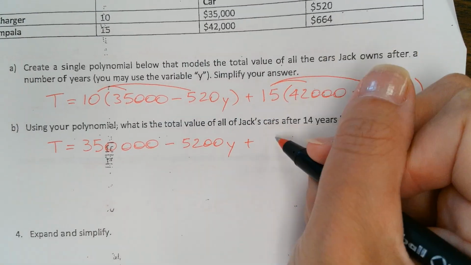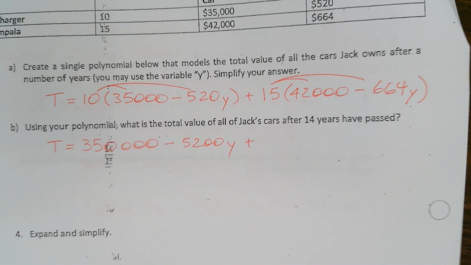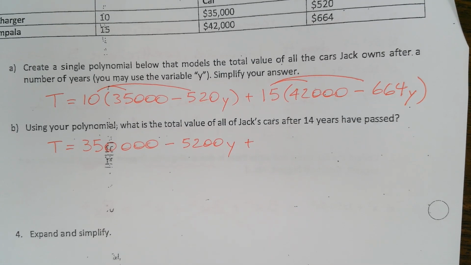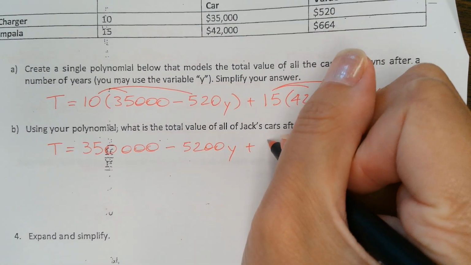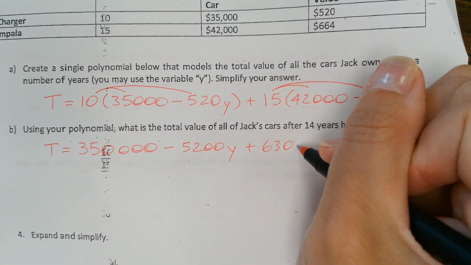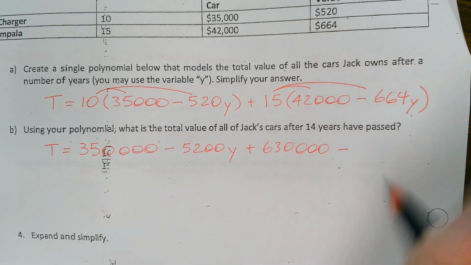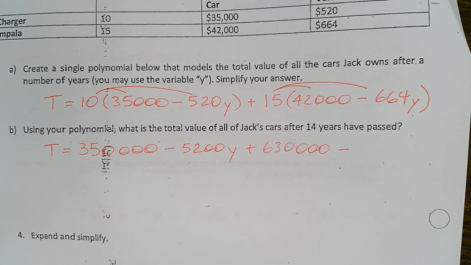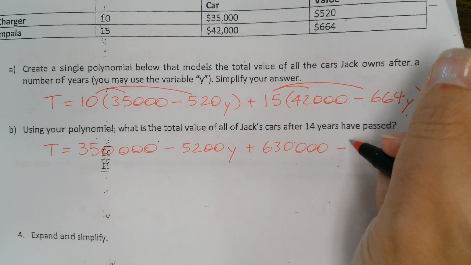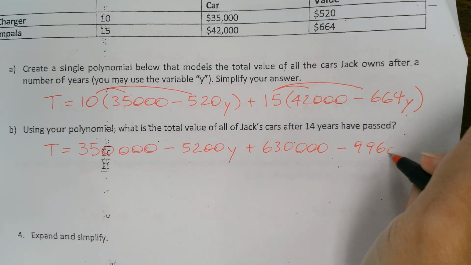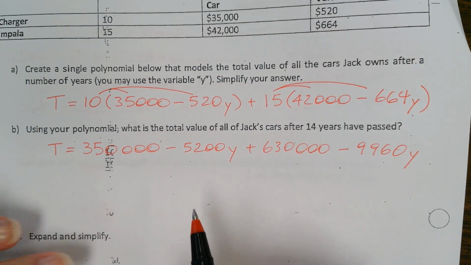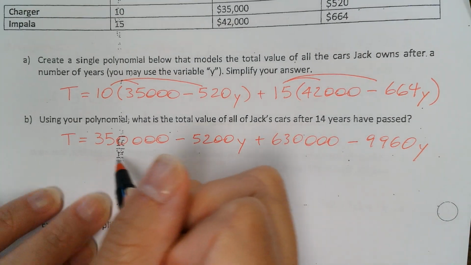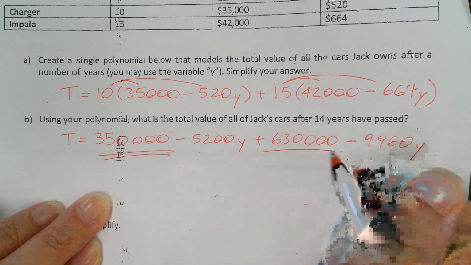Plus, what is that? 15 times 42,000. 630,000 minus 664 times 15. 9,960y. Okay. So don't forget, the numbers can go together.